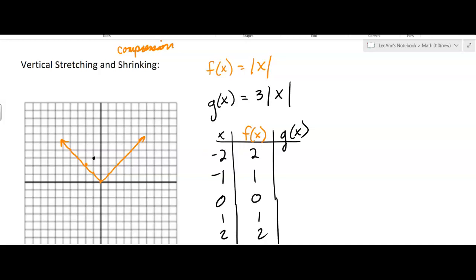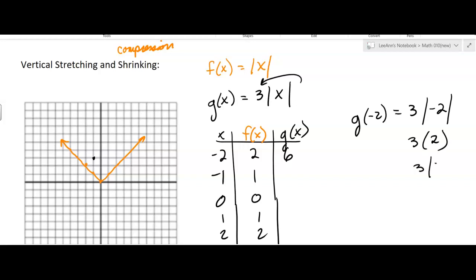Okay. Now we're multiplying by 3 each time. So if I put in a -2, g of -2, I would have 3 times the absolute value of -2, which would be 3 times 2, which would be 6. And if I put in -1, I'm going to get 3 times the absolute value of -1, which is going to be 3.